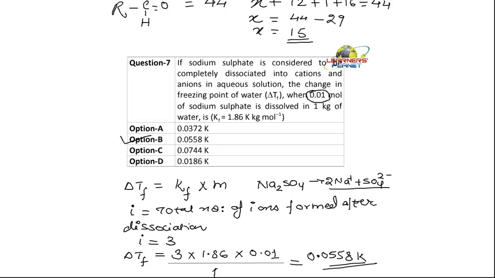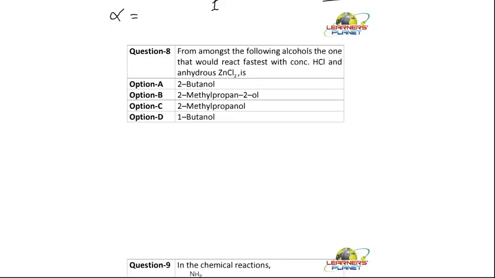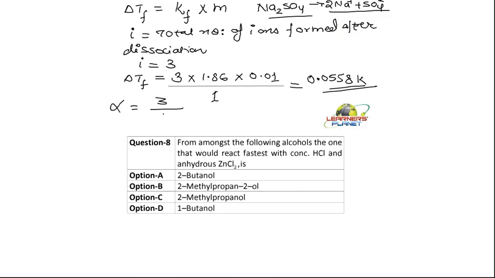Alpha is the number of moles of the substance dissociated divided by the total number of moles we started from.